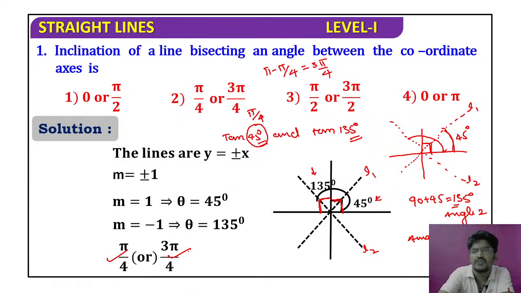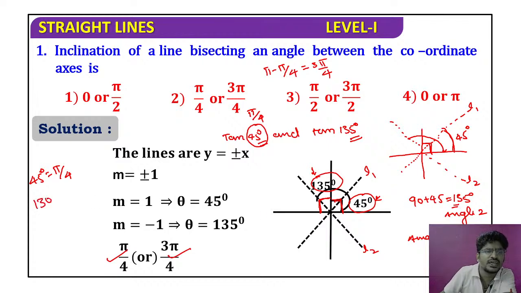Clear? So here you can understand that this is 45 degrees and the complete angle will be 135 degrees. So 45 degrees is pi by 4, and the other angle, 90 plus 45 degrees, is 135 degrees, that is 3 pi by 4. For 135 degrees you can solve it as pi minus pi by 4, because 135 degrees lies in the second quadrant.